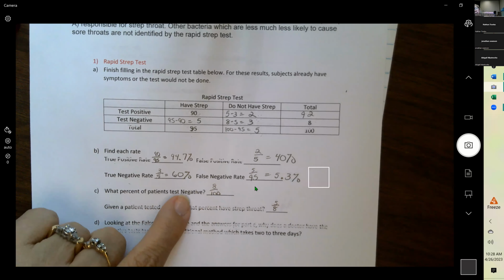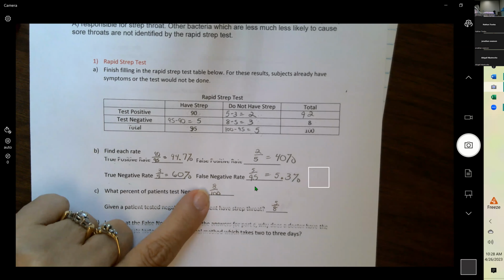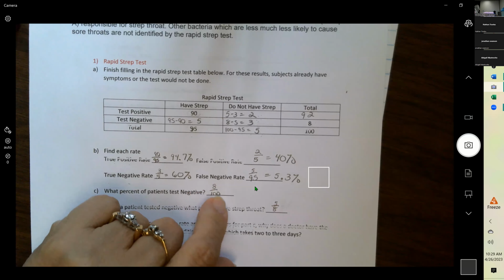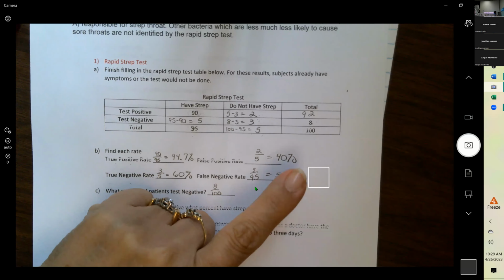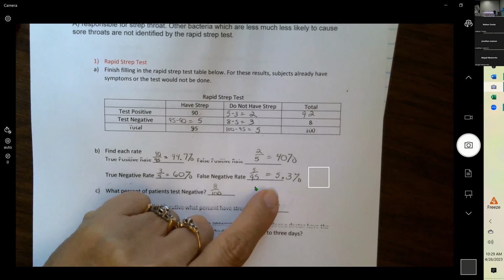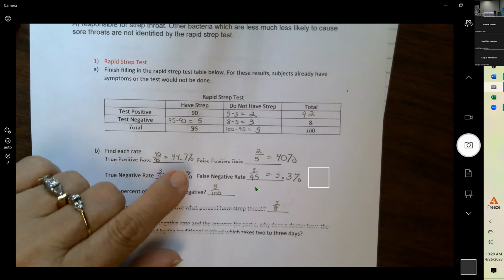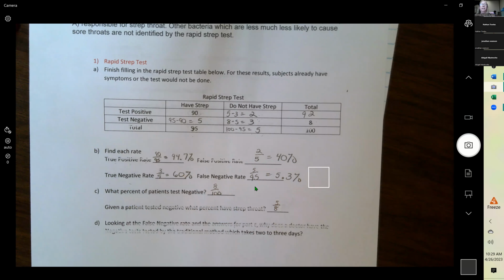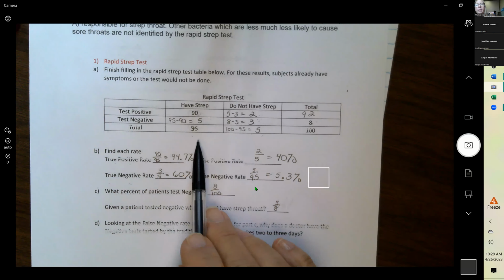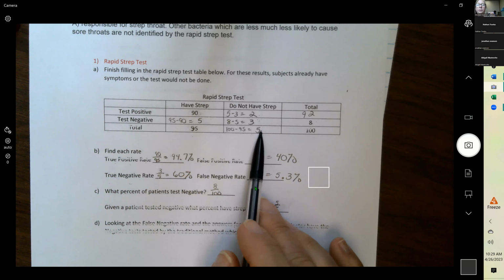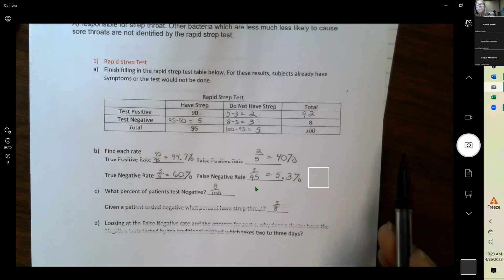What patients test negative? 8%. So only 8% test negative, and 5% of that have strep throat. So they need to send it out. Remember, they're only doing the test if you have the symptoms, at least 2 of the symptoms. And that's why there's only 5 that didn't have it.